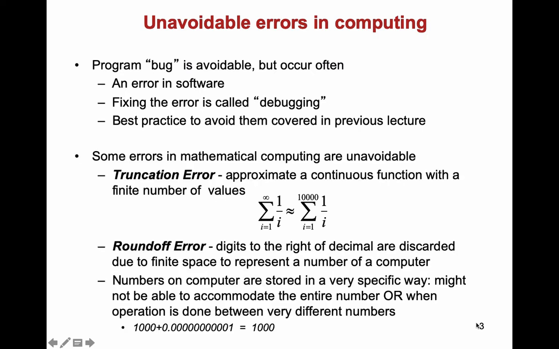Now, there are certain errors, and we're going to identify 2 of them, that you simply cannot avoid. One is truncation error. Let's say there is a mathematical formula, a series, which by definition is the sum from i equal to 1 to infinity of 1 over i.